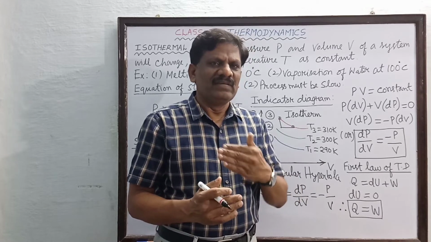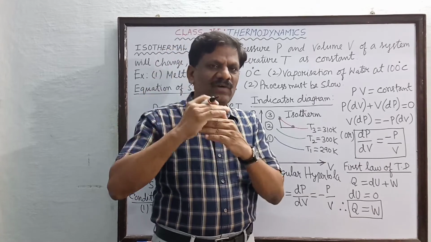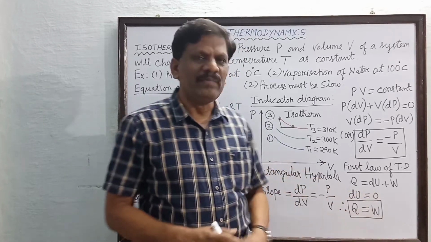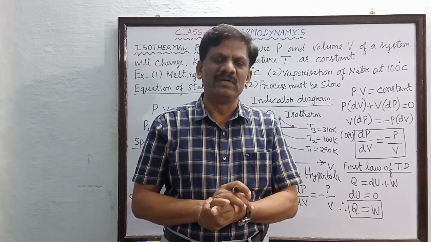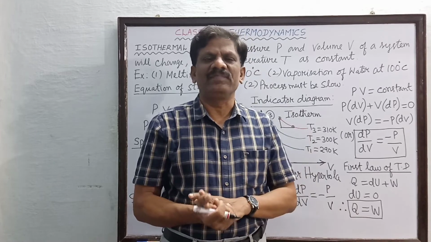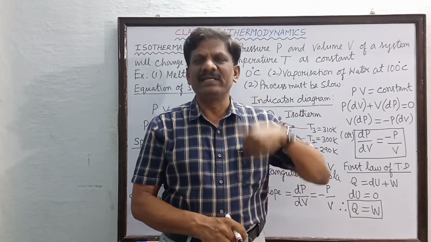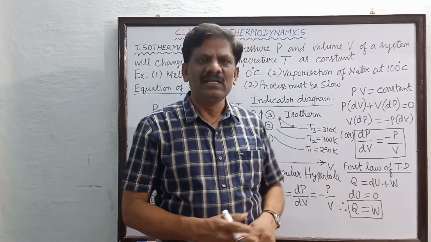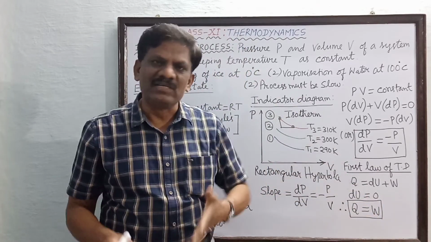That is, when the gas expands, when the volume increases, work is done by the system, then W will be positive. Suppose you compress the piston downwards, the volume decreases. Understand? The volume decreases and work is said to be done on the system. In that case, W will be negative. We are going to study that separately in the next topic.